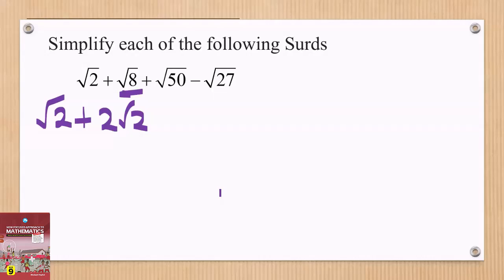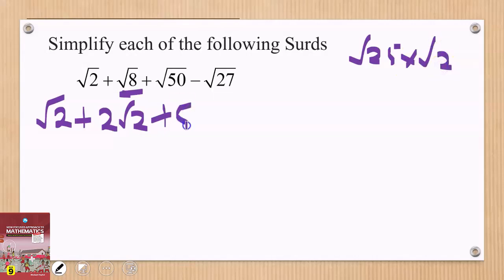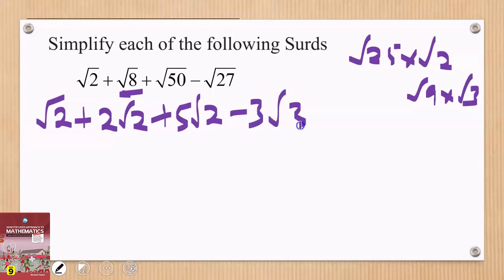So root 8 is the same as 2 root 2, and root 50 is also the same as 5 root 2, because it's going to give us root of 25 times root of 2, and so we get 5 root 2. Then minus root 27, the same as root of 9 times root of 3, and that will give us just 3 root 3.